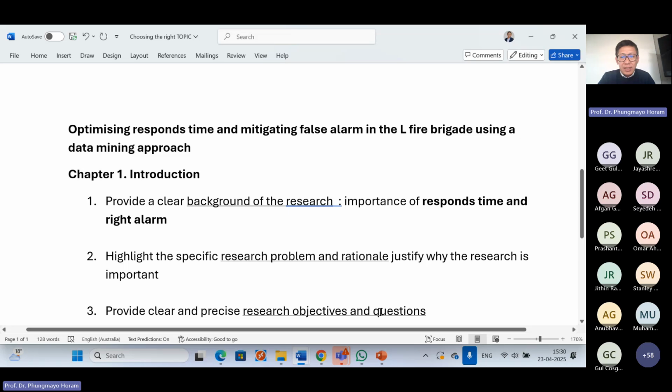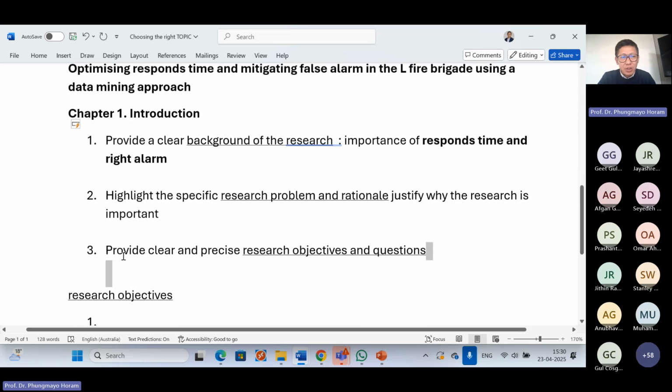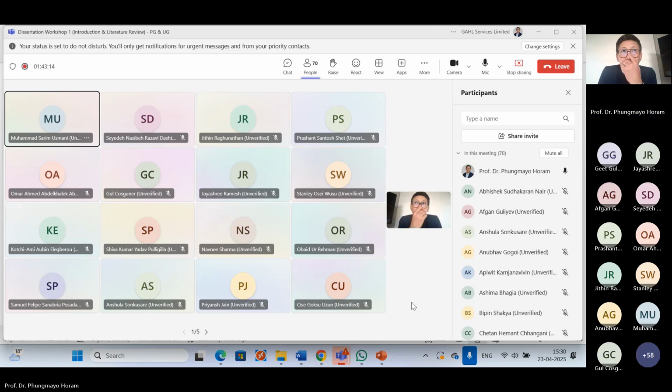Provide clear and precise research objectives. Now, if I say I'd like to eat a good dish, what's my favorite dish? It could be chicken tandoori, or pasta, or pizza, for example.